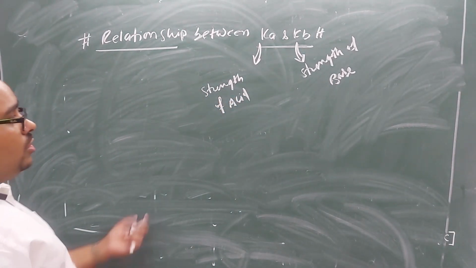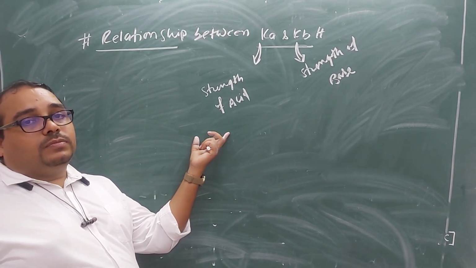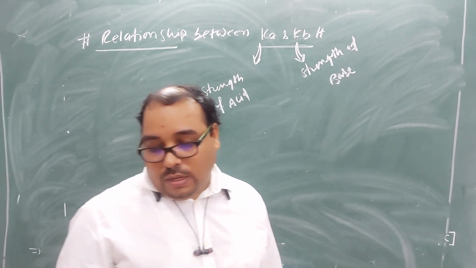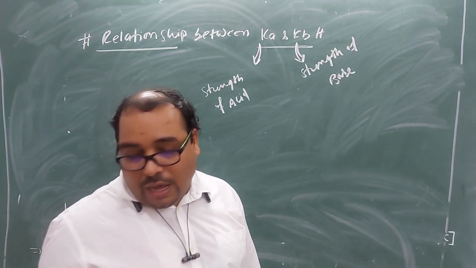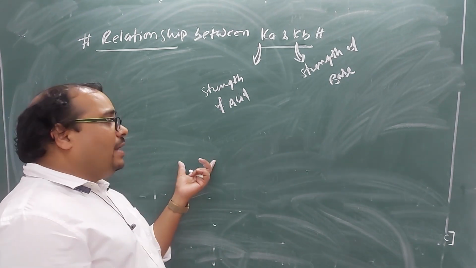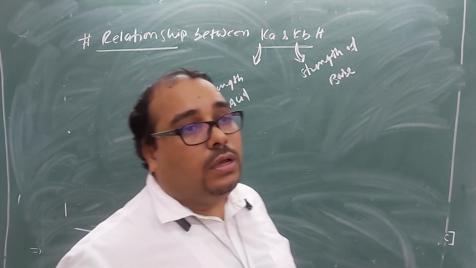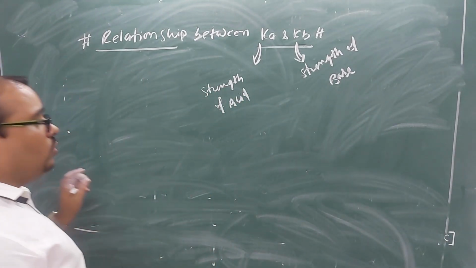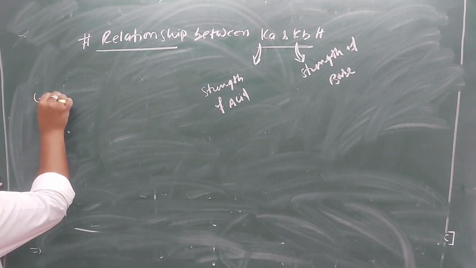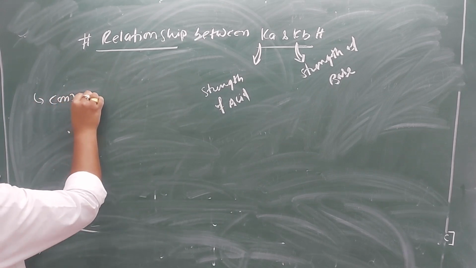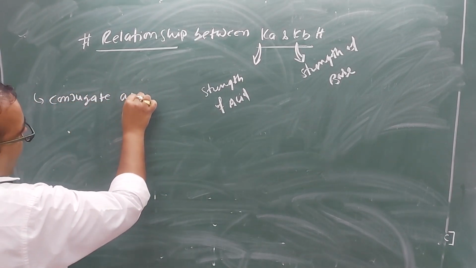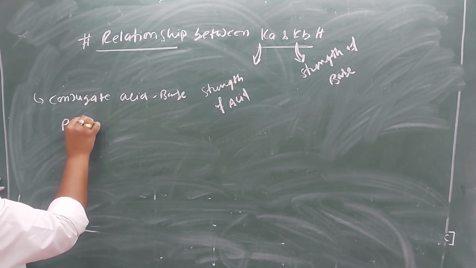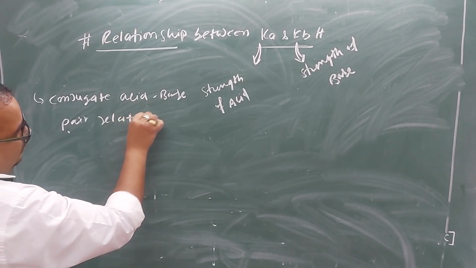So how will we find the relationship? Obviously through the conjugate acid base pair. The conjugate acid base pair are related in such a manner that if one is known, the other can be found out. So it requires the conjugate base.